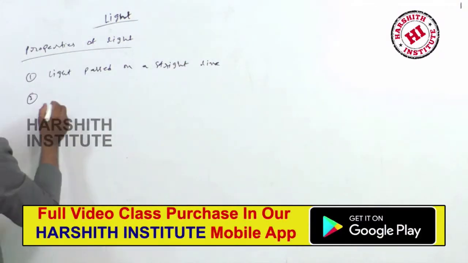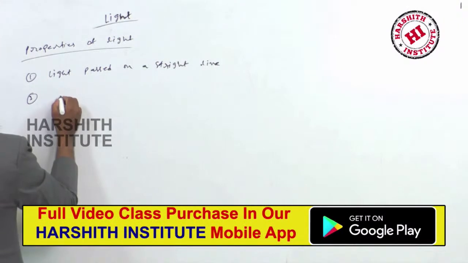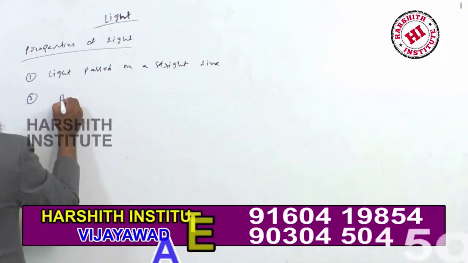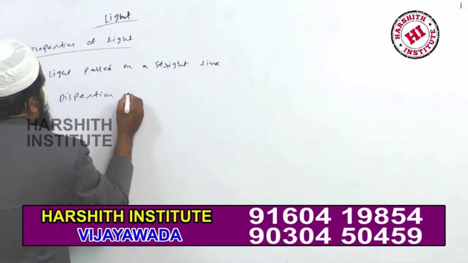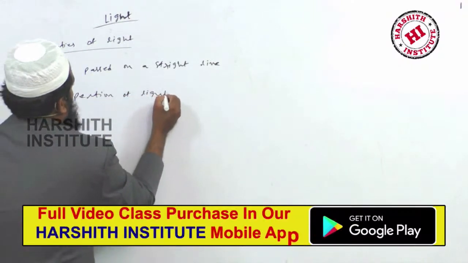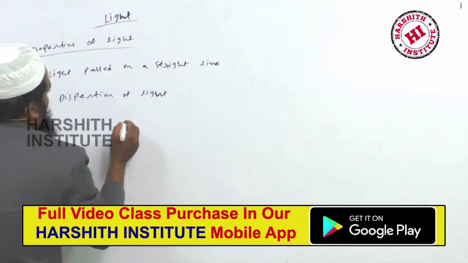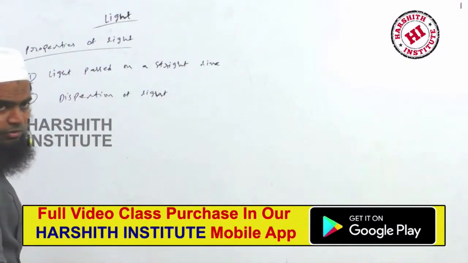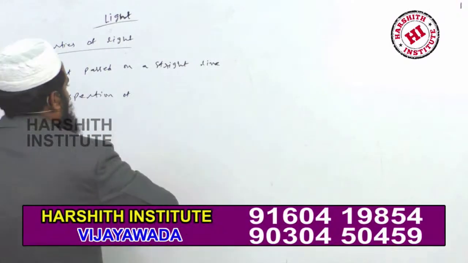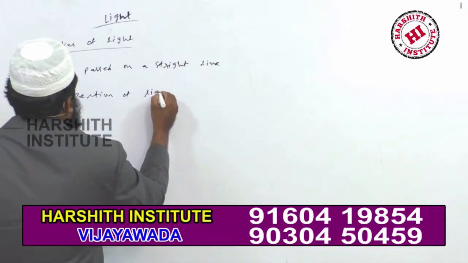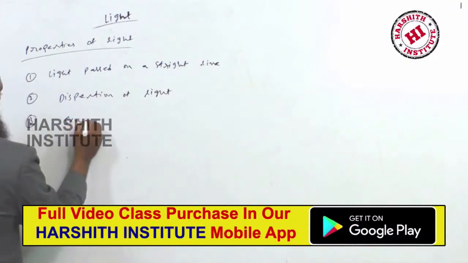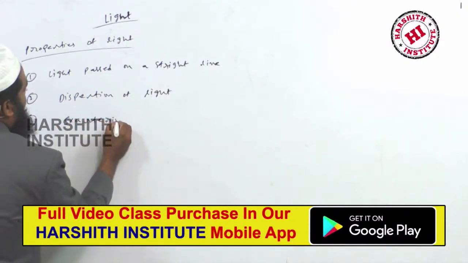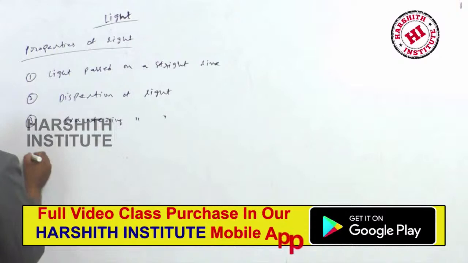The second property of light is dispersion. The third one is scattering of light.